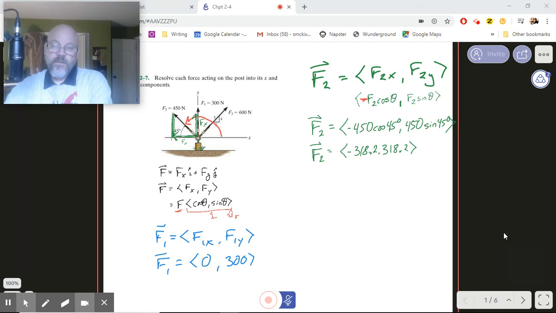We still have to do F3, but I wanted you to have a chance to look at that real quick. Be careful with your calculator. Number one mistake when it comes to dealing with angles in calculators, especially since almost all of you are in Calc 3. In Calc 3, you're going to do a lot of stuff in radians mode. Right now, pretty much for the whole class, you're going to need to be in degree mode.